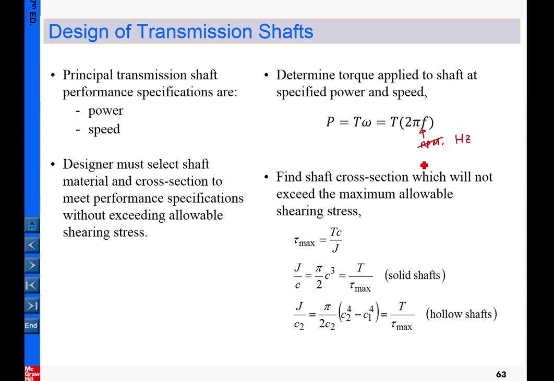For example, 60 hertz means you have 60 rotations per second. So that is the information here, and P is a given power.